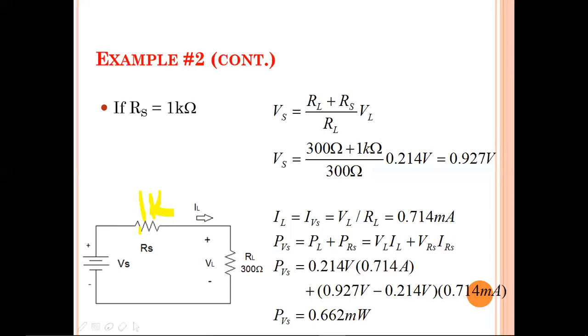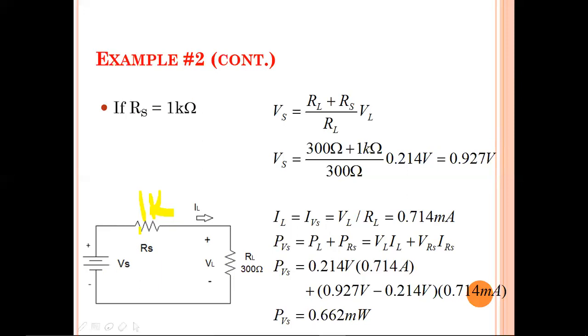To deliver just milliwatts of power, you would require more watts of power at the source. So always keep a very small value of internal resistance. That is an economical way of supplying the load.